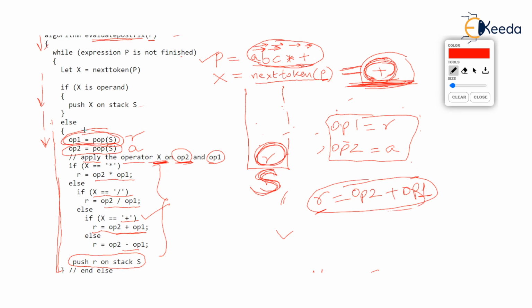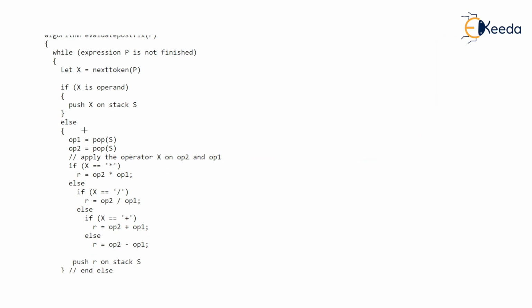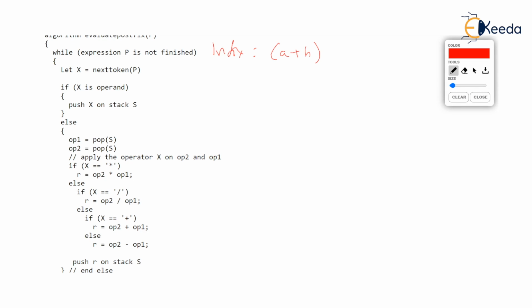Okay, before we end this video, let's see some example again, where in a very quick manner, we will see an example. Suppose we had an infix like this. Infix was a plus b upon c minus d into e. Okay. Then what is the postfix of this?